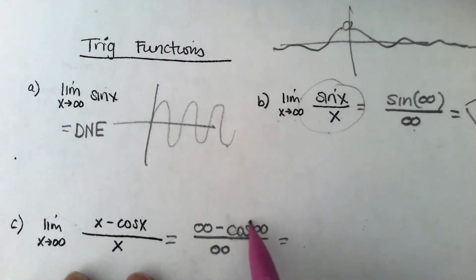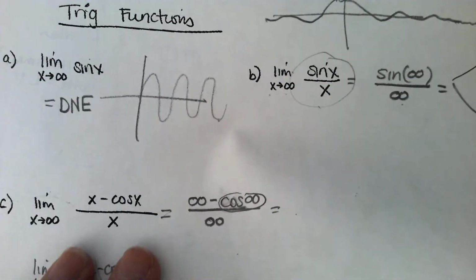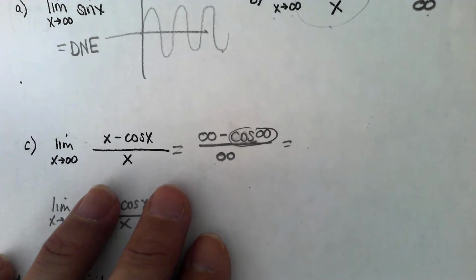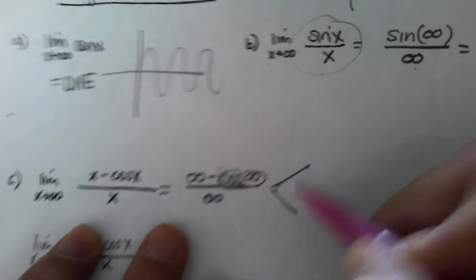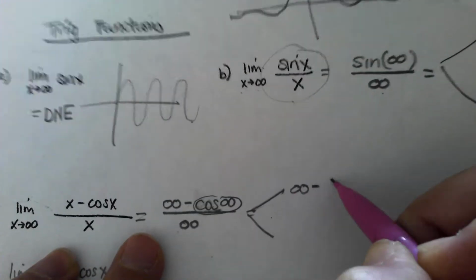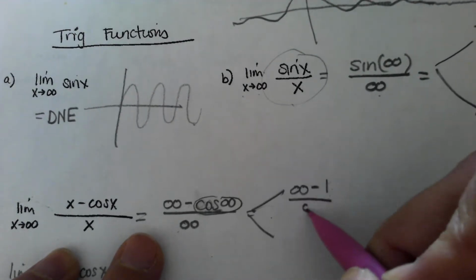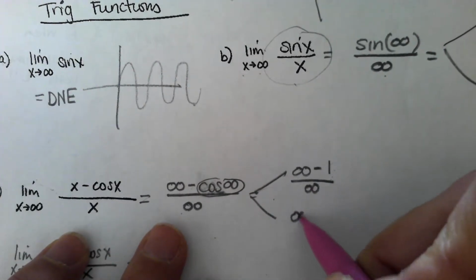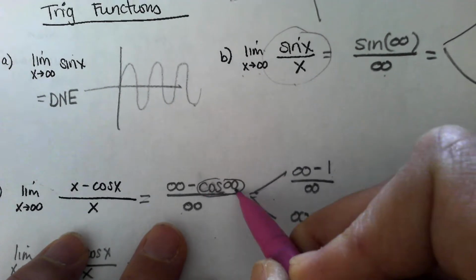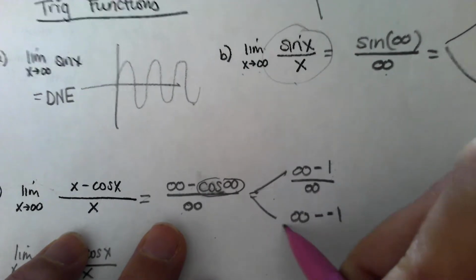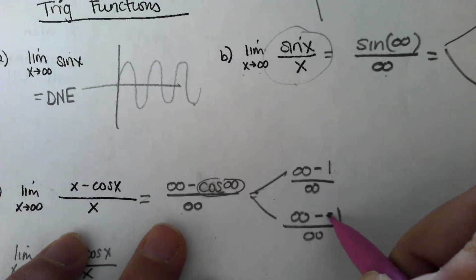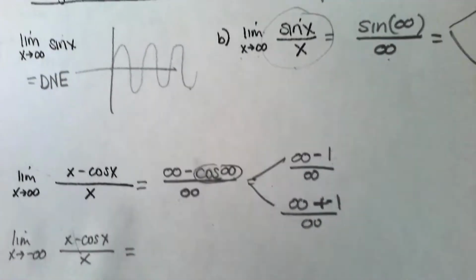The main thing we have to think about is the cosine of infinity, because that portion of this is oscillating anywhere between a 1 and a -1. So I like to think about it, at most this would be -1 over infinity, and at least on the denominator, the smallest that this could be would be -1 over infinity. So essentially you're looking at infinity -1 versus infinity +1 in your two different scenarios.